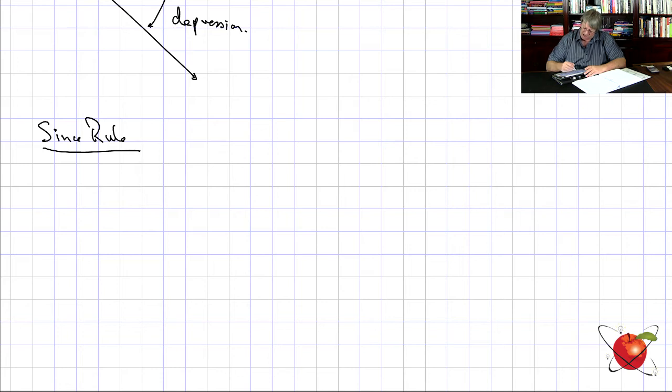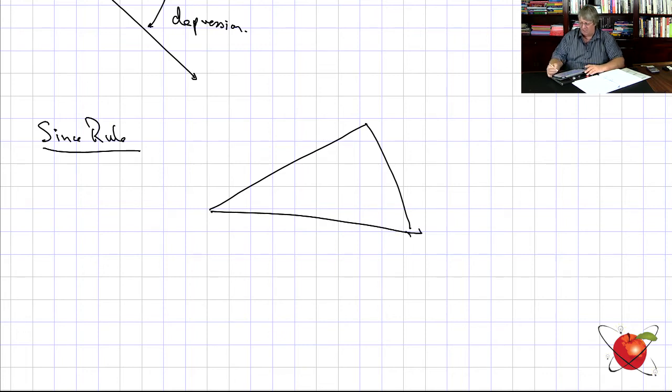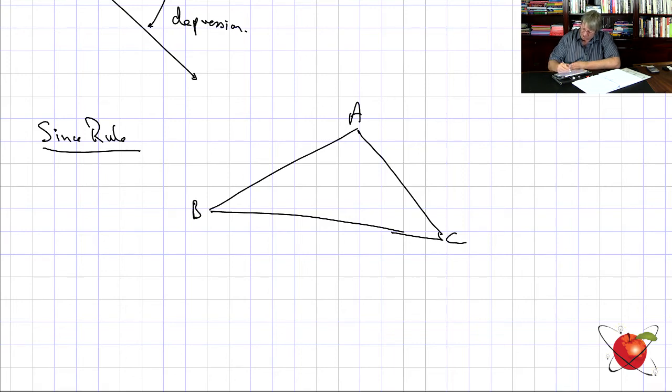Now we're just going to put this down. That is not 90 degrees. Perhaps I should draw it a little more not 90 degrees and make it like so. I'm going to label this triangle A, B, and C. Opposite, we call that little a, little b, and little c.